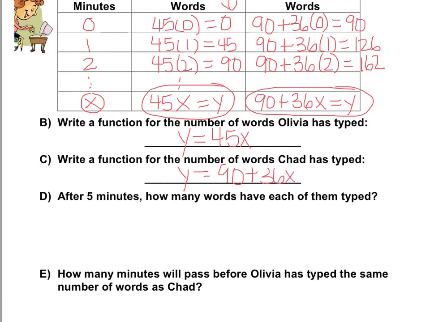It says after 5 minutes, how many words have each of them typed? Well, we're going to have to figure out both of those. So for Olivia, y is equal to 45 times that 5 minutes. So after 5 minutes, she has typed 225 words.